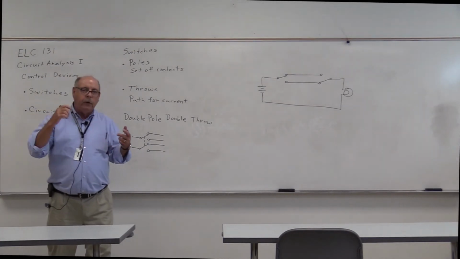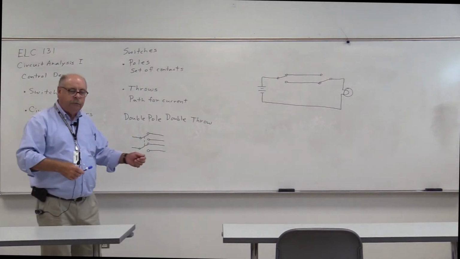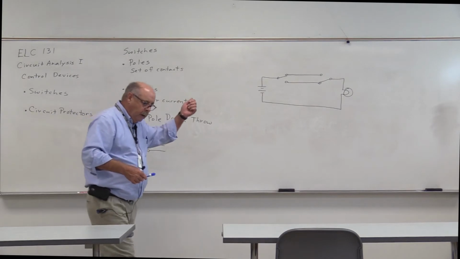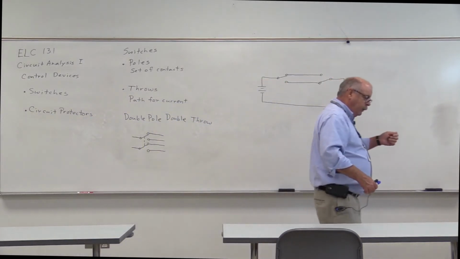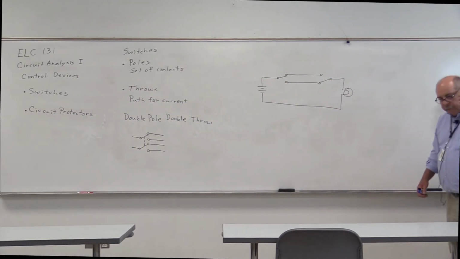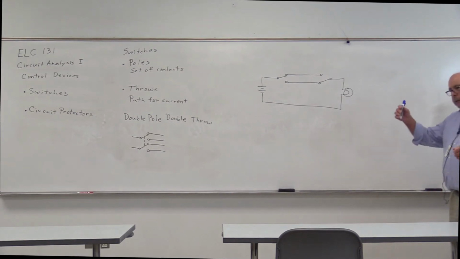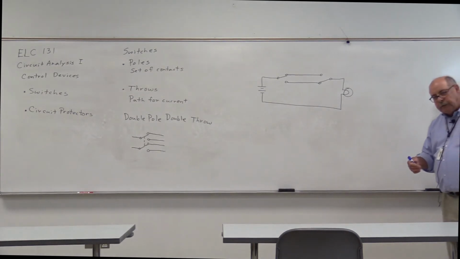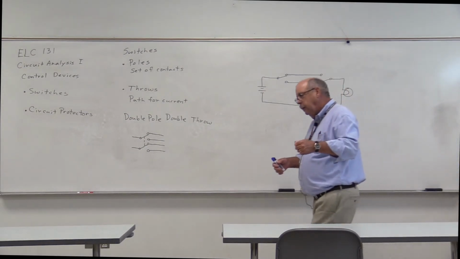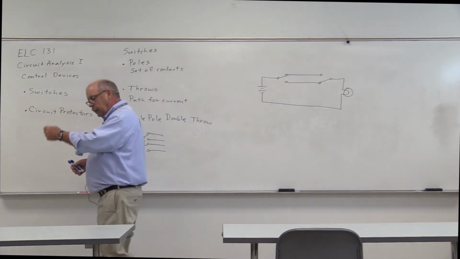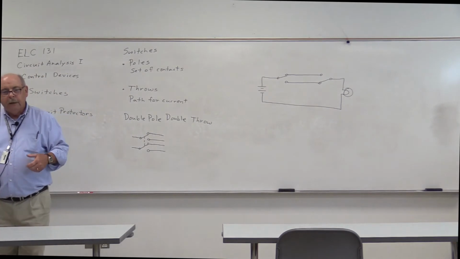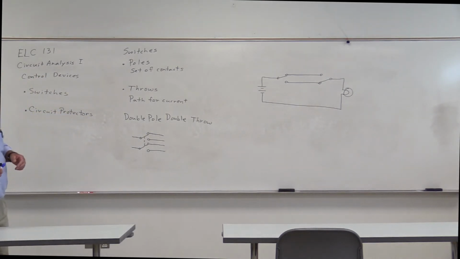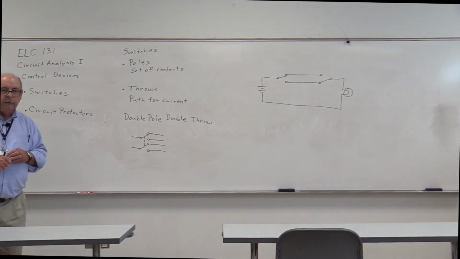So think about in your homes, at one end of the hall, you throw a switch up, and at the other end of the hallway, you throw a switch down, the light goes off. You can turn this switch up, the light goes on. You can go down here and the light goes off. Doesn't matter which switch you change, it changes the state of the light.